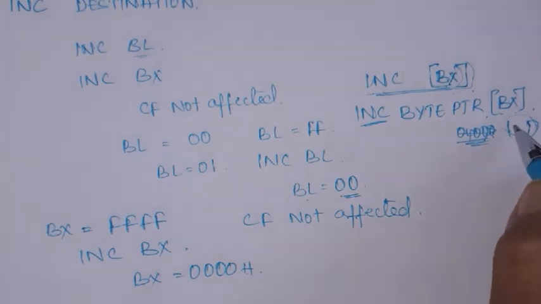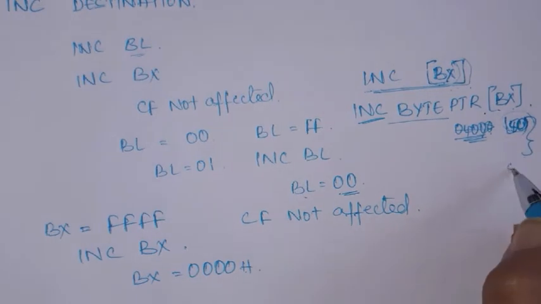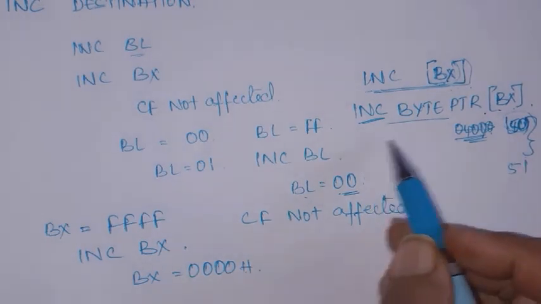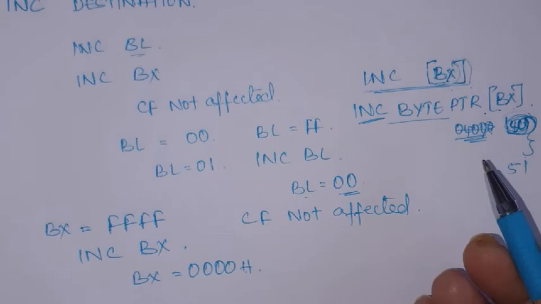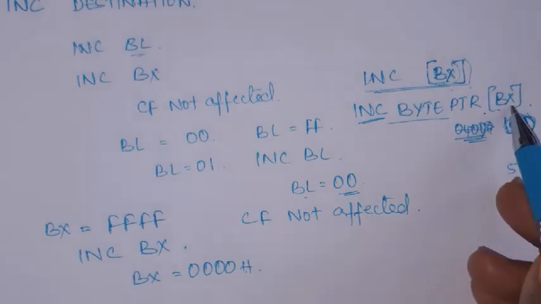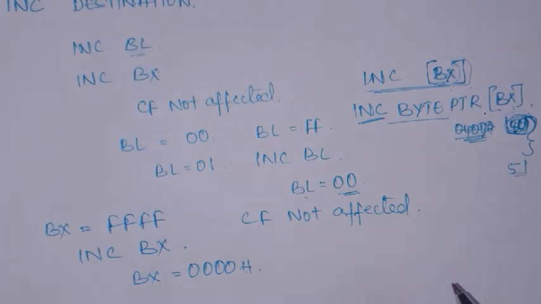If that byte in memory is 50H, then after this instruction execution it becomes 51. After this instruction you will find 51 in this particular location, because the result must be in the destination. The destination is a memory location, so it should become 51.